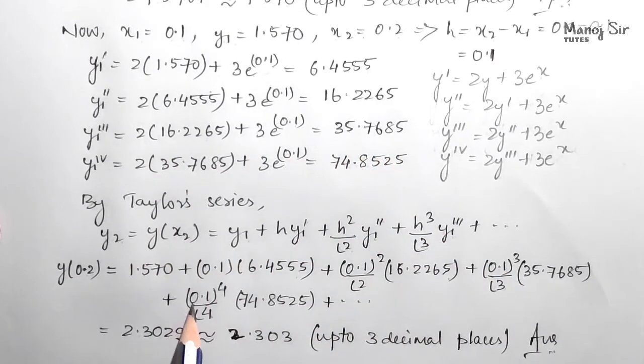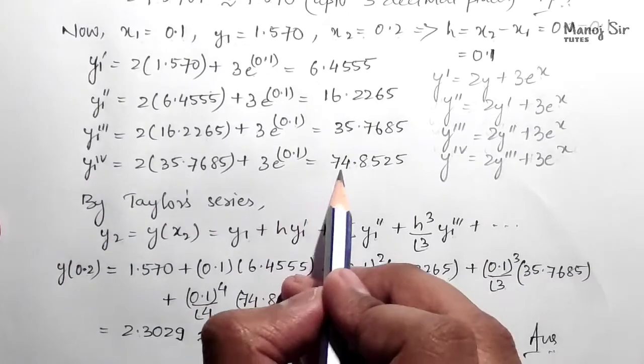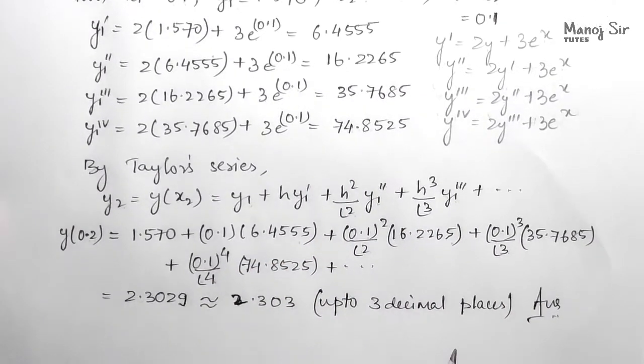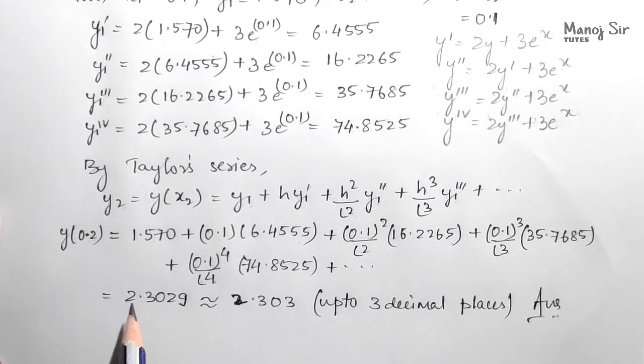Next term is 0.1 power 4 upon factorial 4 into y1 quadruple dash, that is 74.8525, plus dot dot dot. If you add all the terms, you will get y2, which is y at x equal to 0.2.